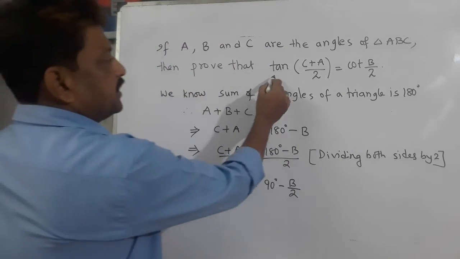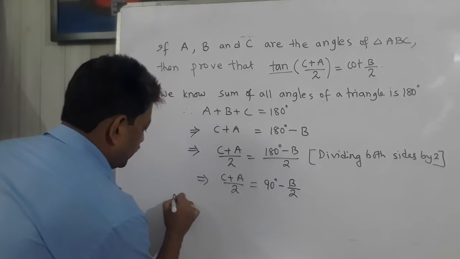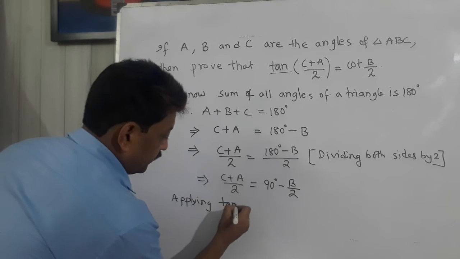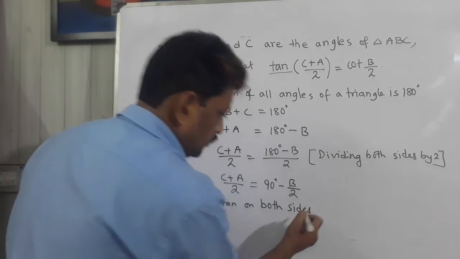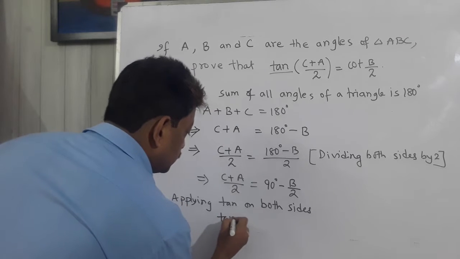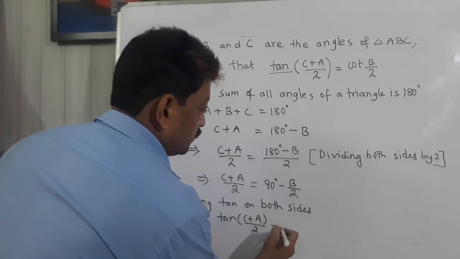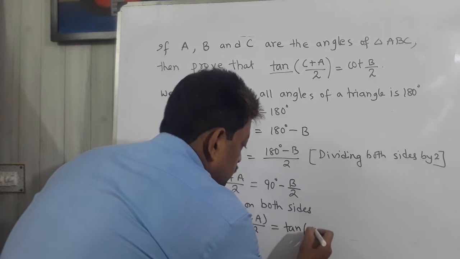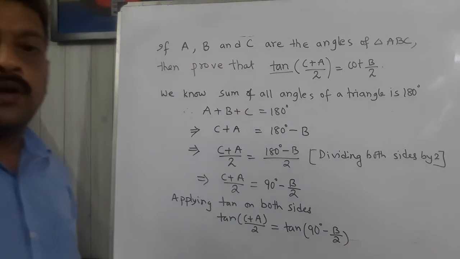Now the left hand side contains tan, so let us apply tan on both sides. We'll get tan (C plus A upon 2) is equals to tan (90 degrees minus B upon 2). Understood?